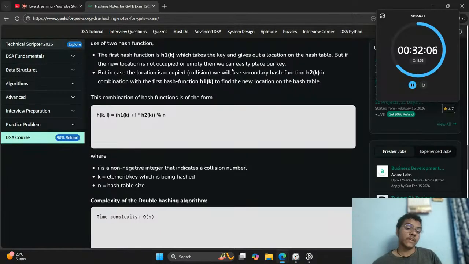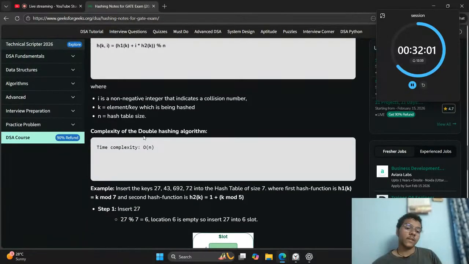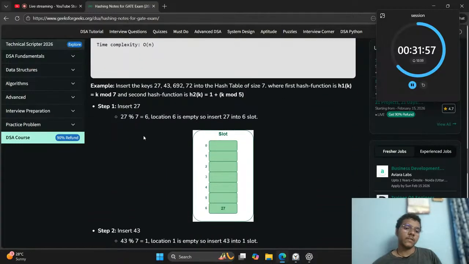The combination of hash functions is a form of probing, where the step is a non-negative value. Example insert. All right.